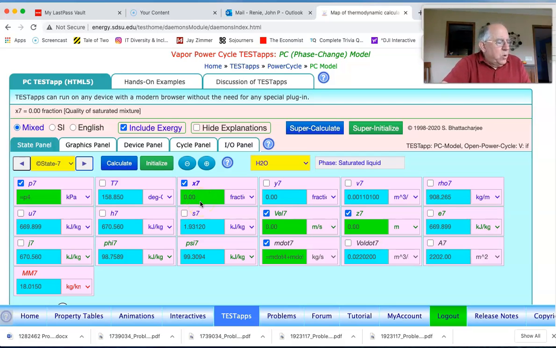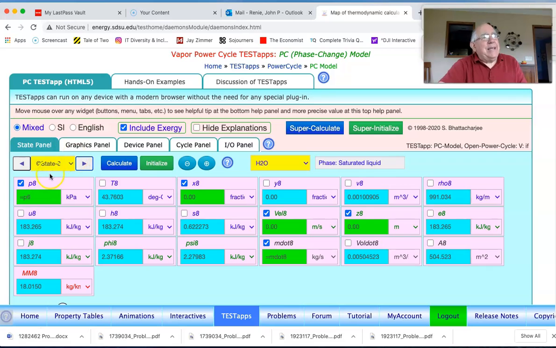So that's what's going to pump 2. State 8 then is what's coming out of the condenser. And it's coming out at the pressure of the condenser, which is state 6, as a saturated liquid. And so that's a standard. The m dot there is the m dot at state 6, which is just the remaining 5 kilograms per second.